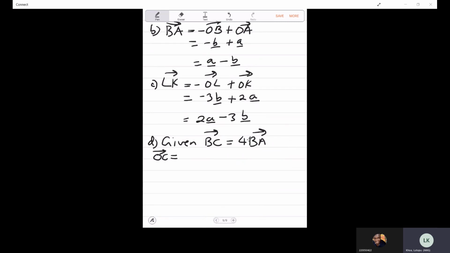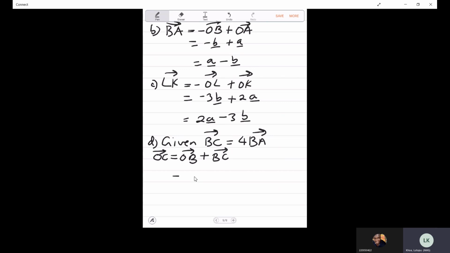Again, that's not too difficult to do. So we know that OC is just equal to OB plus BC. I'm trying to get from O to C. I can first go from O to B and then B to C because I know what BC is. BC is 4 times BA, and I've already worked out what BA is. So I just substitute.